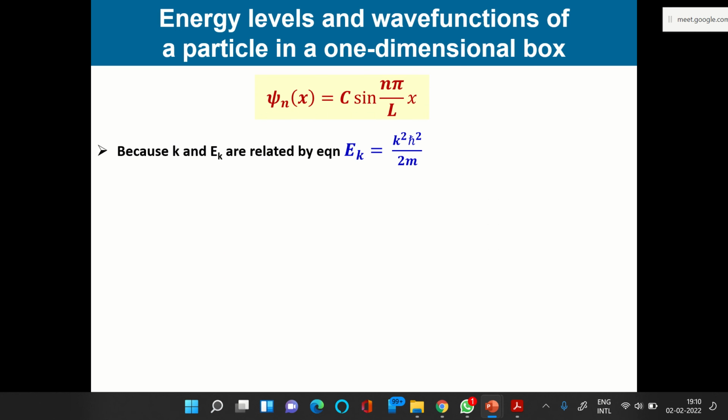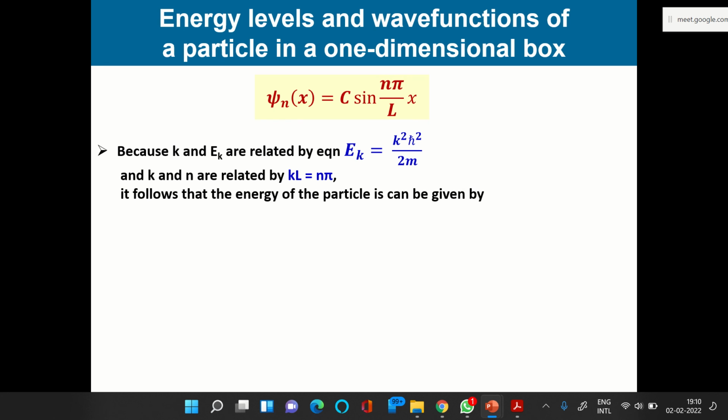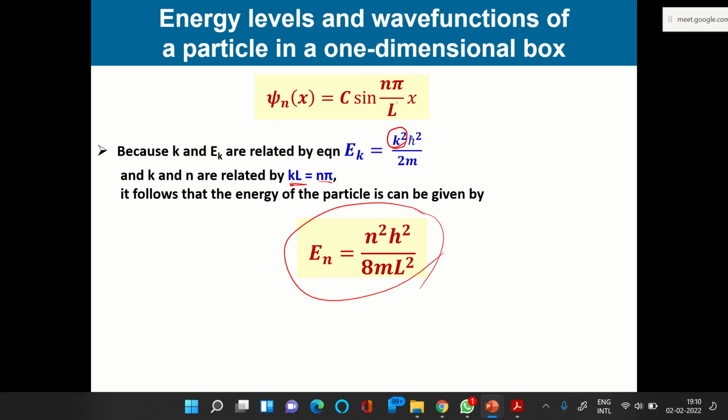Energy is k square h cross square by 2m, and k and l are related by n pi. So substitute the value of k as n pi by l, and you have derived the value of energy.